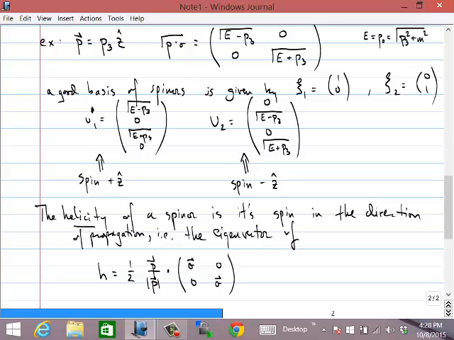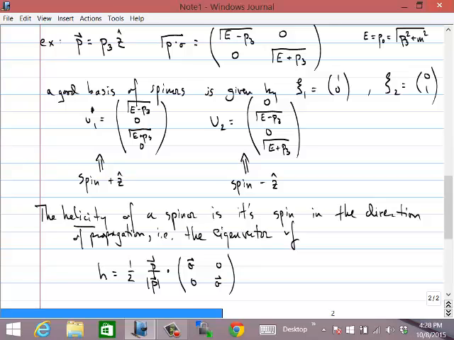The first is that the helicity of a particle, at least of a massive particle, is not a Lorentz invariant concept. In particular, you could have a particle that's moving in the plus z direction, but then at 10 miles an hour, or kilometers an hour, I suppose. But then you could go to a frame that's moving in the plus z direction at 20 kilometers an hour.